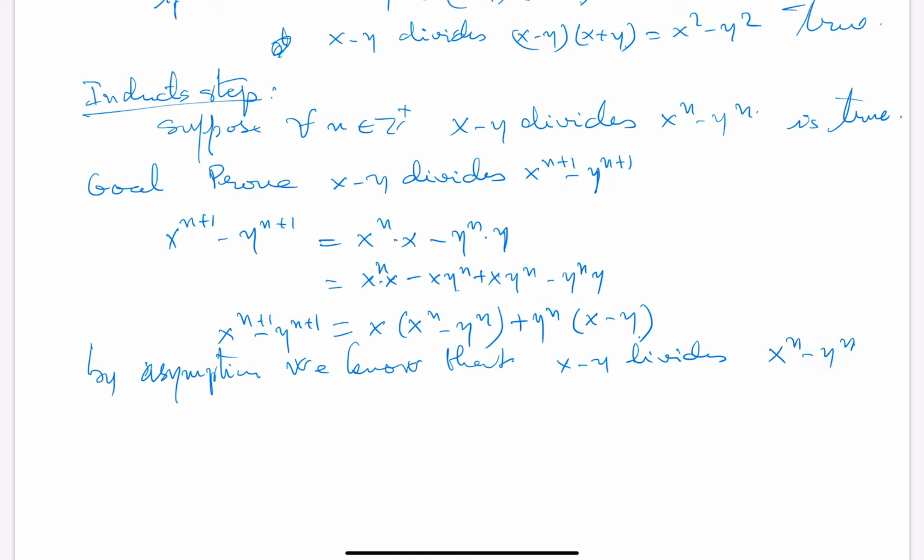Okay, this one is done because we know this one is divisible by x to the n minus y to the n. This one also is divisible by x minus y.